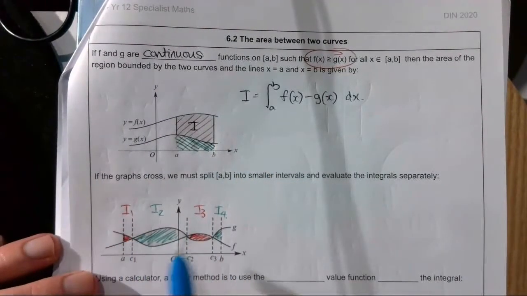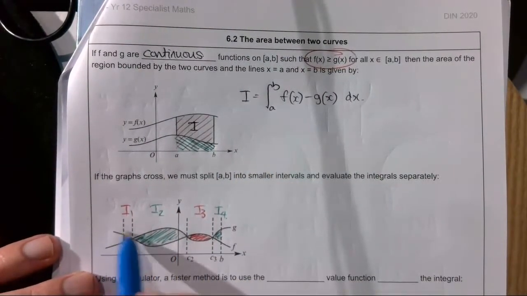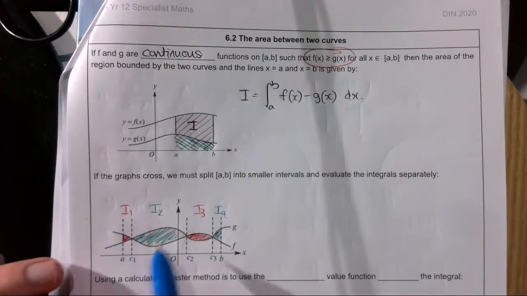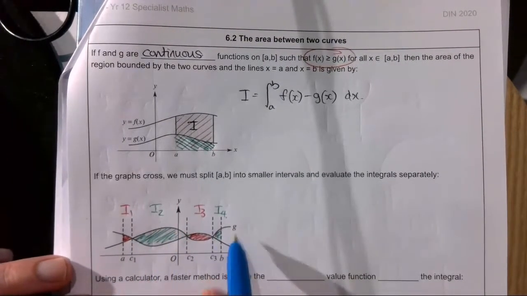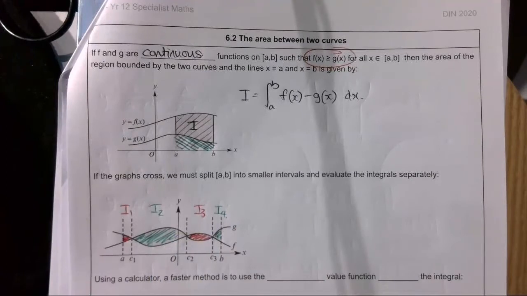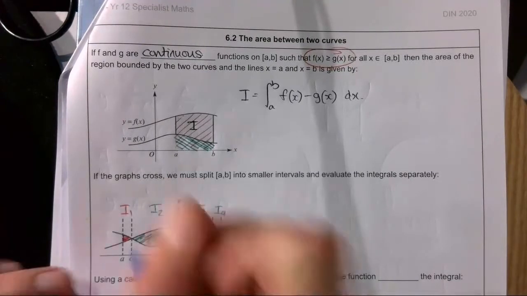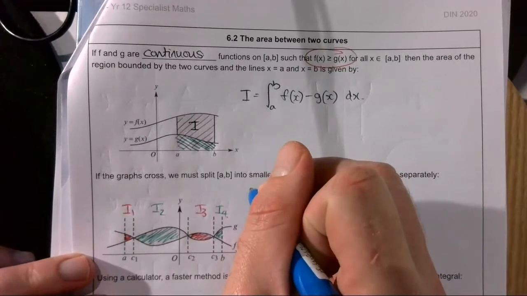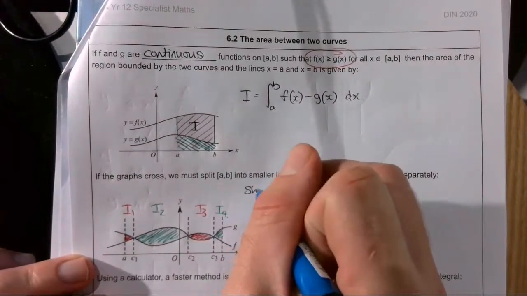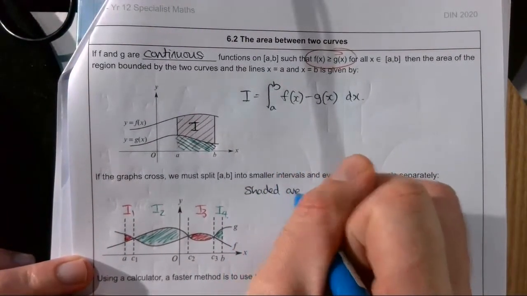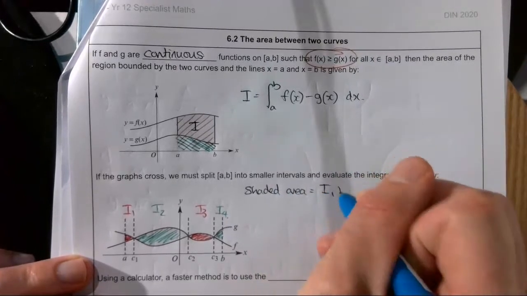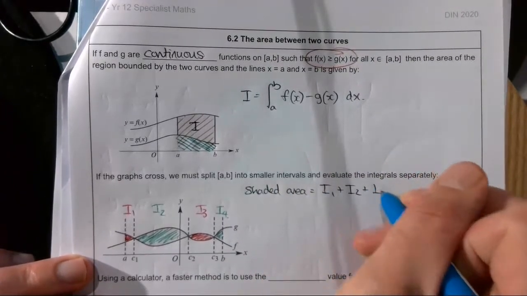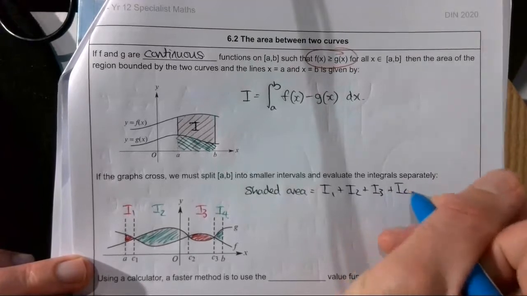The red ones have f being greater than g, whereas the green ones have g being greater than f. So if I wanted to work out the total shaded area, that's going to be I1 plus I2 plus I3 plus I4.